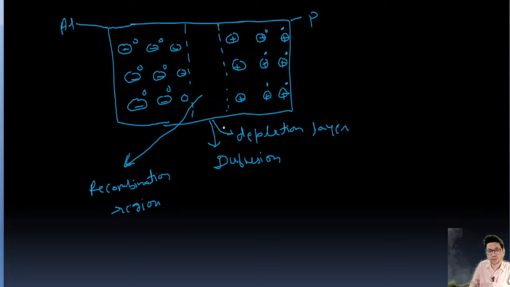Here you can see the depletion layer and diffusion. Now we'll do biasing for these two semiconductors. There are two types of biasing we are going to do, that is forward biasing and reverse biasing.